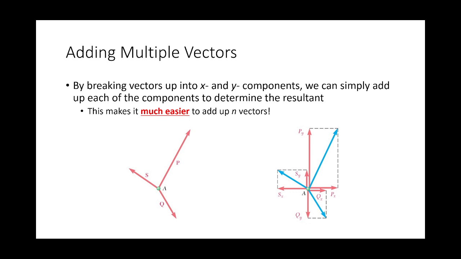Now, why would we do that? Why do we bother? The reason is because it makes it so much easier to add up the vectors. I want to go back to an example I mentioned at the very beginning when we first started describing vectors, the example of the tug of war, or the folks pushing the car through the snow.